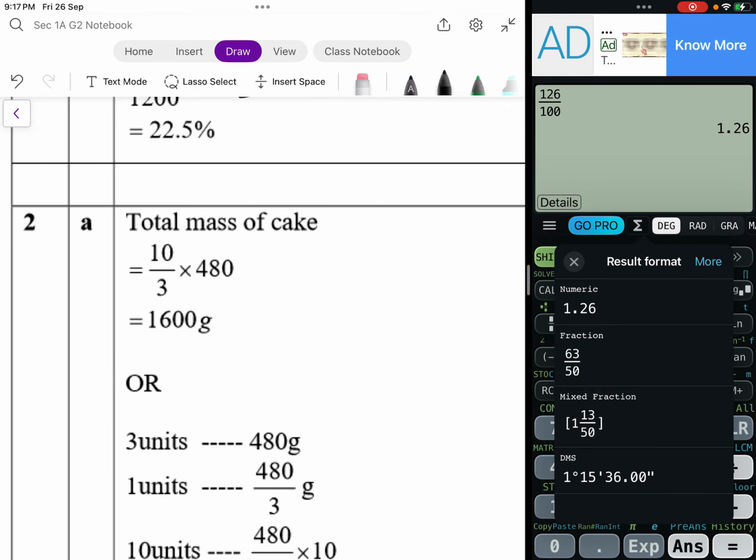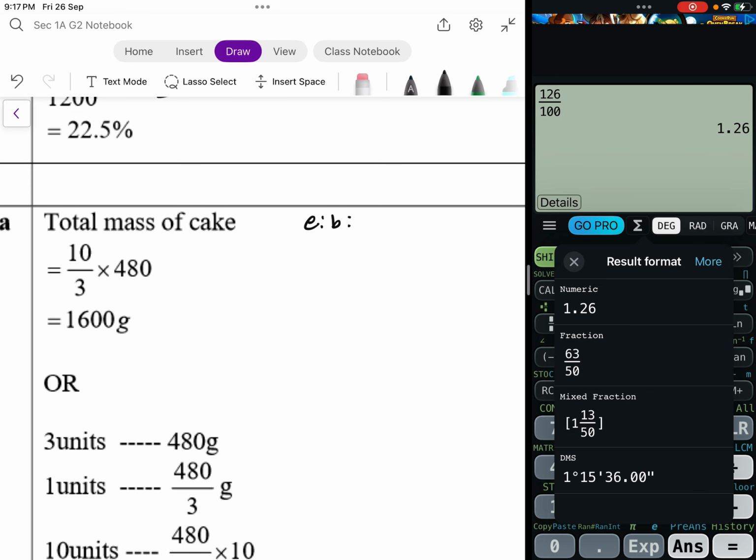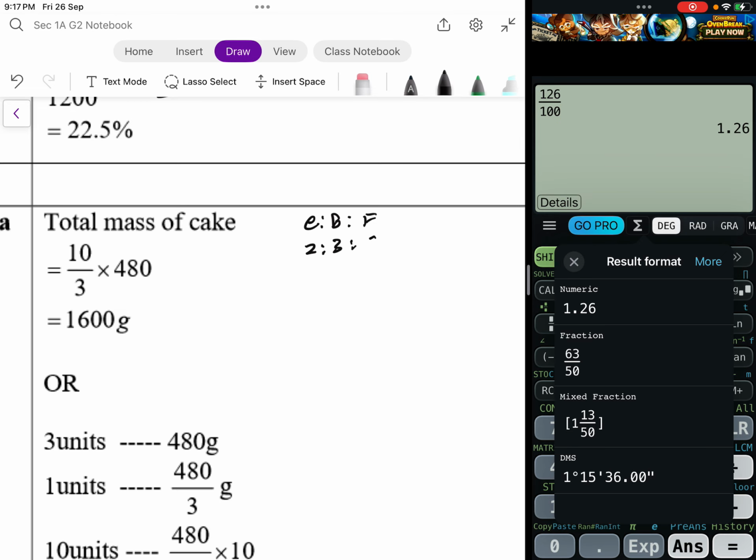Okay, next one. The batter for a cake was prepared using eggs, butter, and flour in the ratio 2 to 3 to 5. So if 480 of butter was used, so this is eggs, butter, and flour, right? Which is 2 to 3 to 5. And butter was 480.